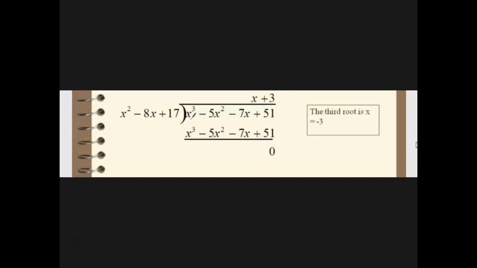You put the function inside, and the divisor, or what we know is a factor, outside. I know the remainder is going to be 0 because I know that this is a factor, because I was given that 4 plus or minus i were roots.